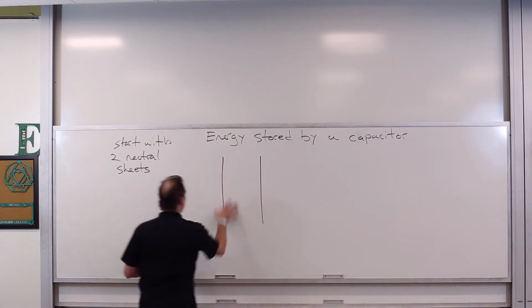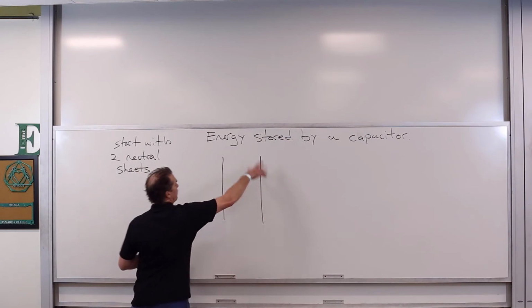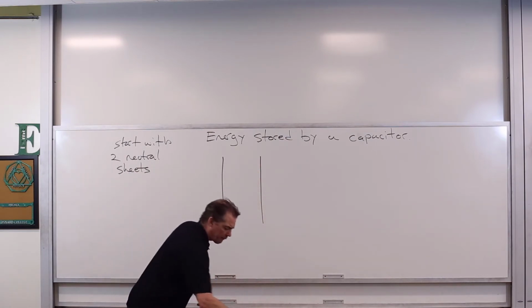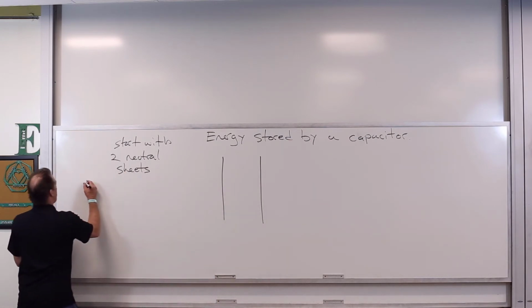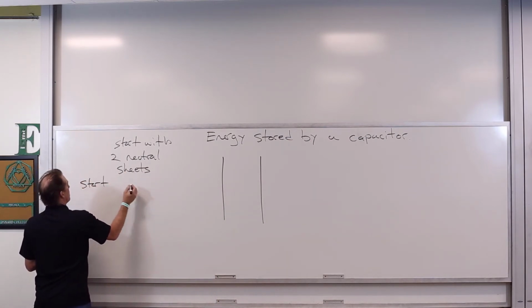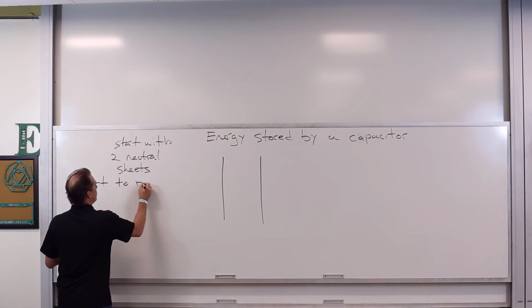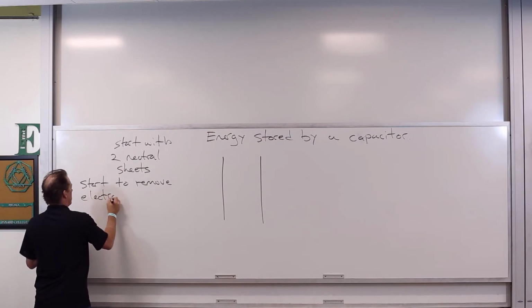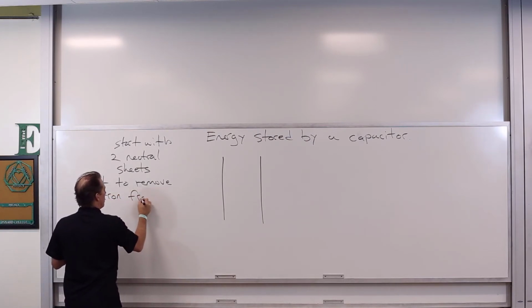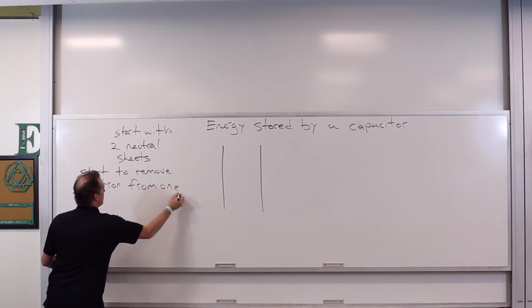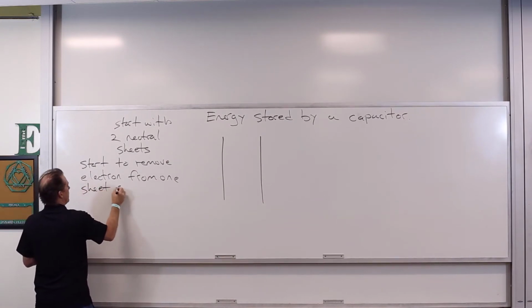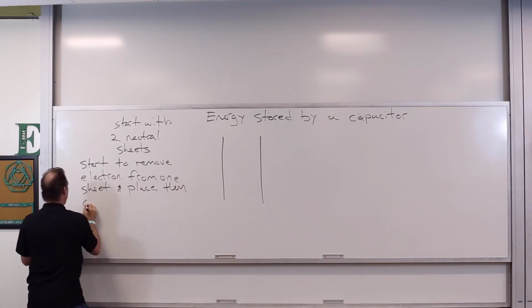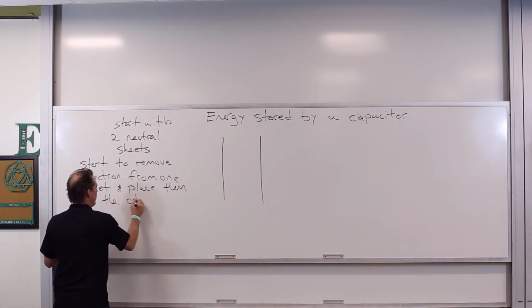So this one's full of electrons and protons, this one's full of electrons and protons, and what we're going to do is start to remove electrons from one sheet and place them on the other.